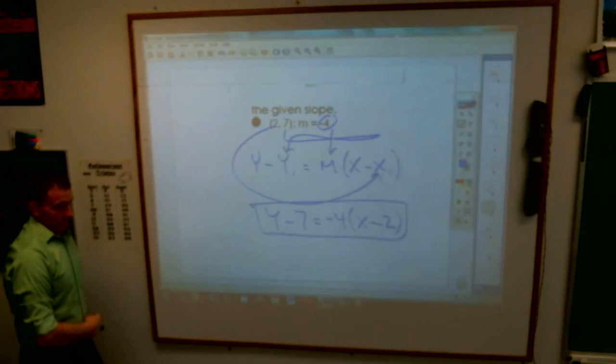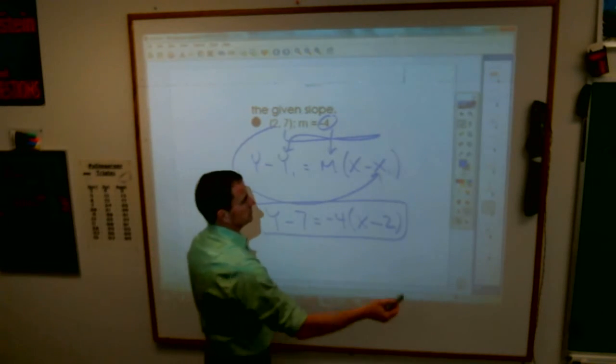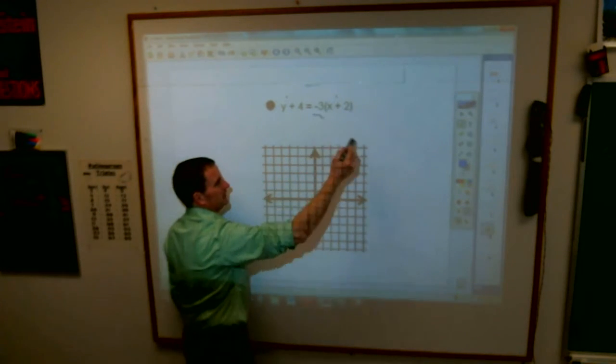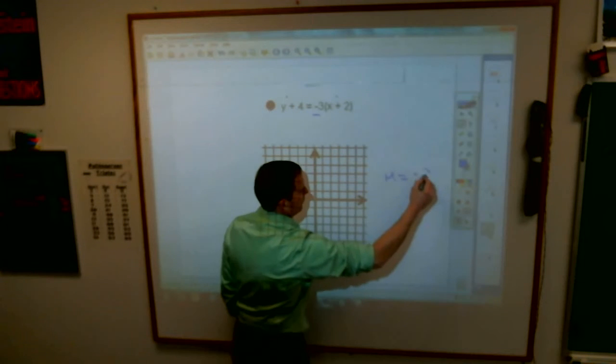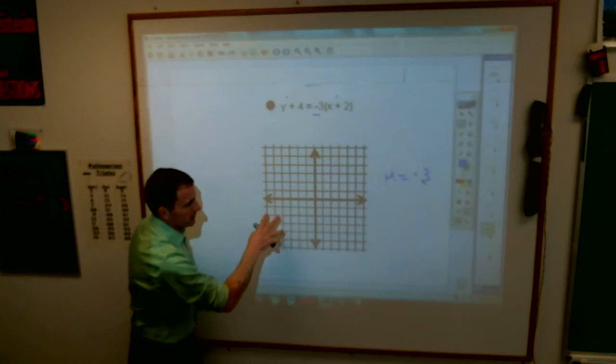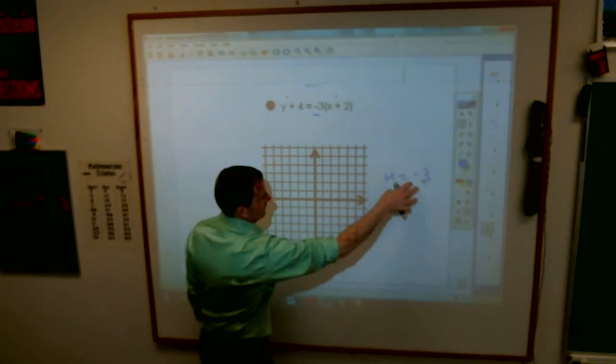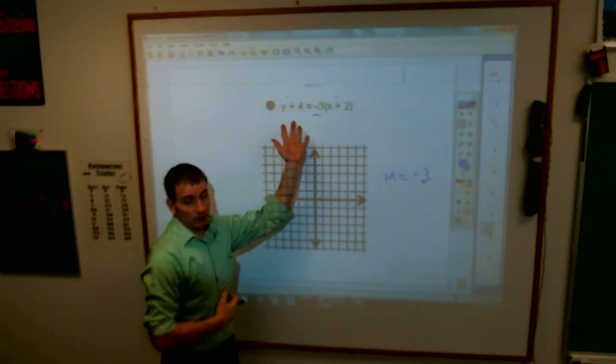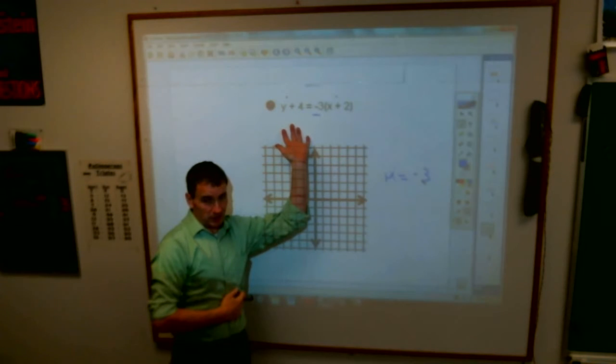I figured out what I was supposed to do for number 7. Second one. You know the slope is -3. When you find a point on this grid, you just have to use that -3 slope. By the way, if this confuses you, you could always change it into slope-intercept form.